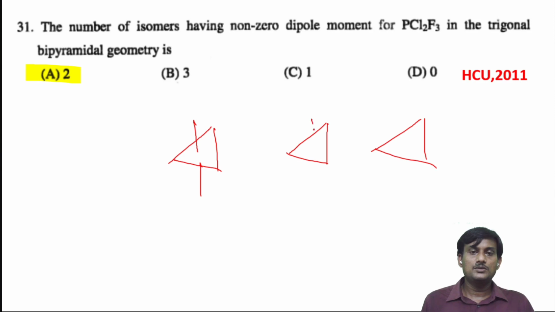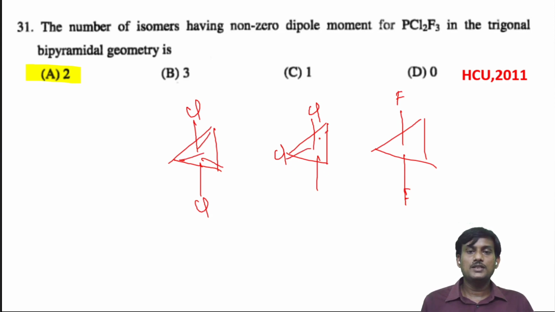Both the chlorines are in axial positions, or one chlorine is axial and one equatorial, or both chlorines are equatorial, with the remaining positions taken by fluorine. So these are the three possibilities.